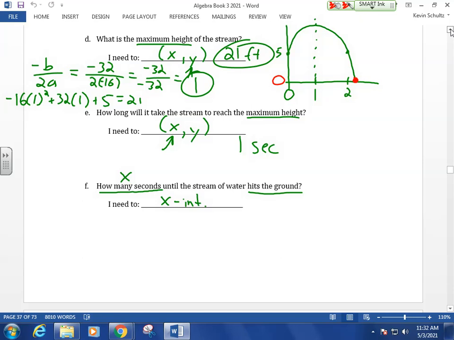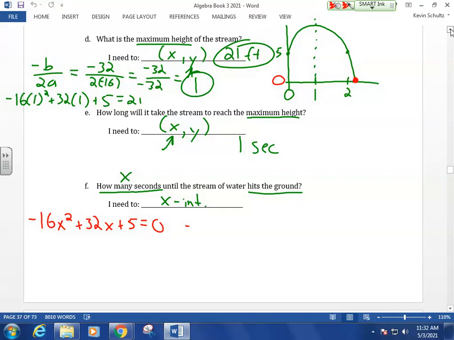Okay? So, given our equation, negative 16x squared plus 32x plus 5 equals 0. I don't know. Do you want to factor that? I don't really want to either. So let's go to the quadratic formula.